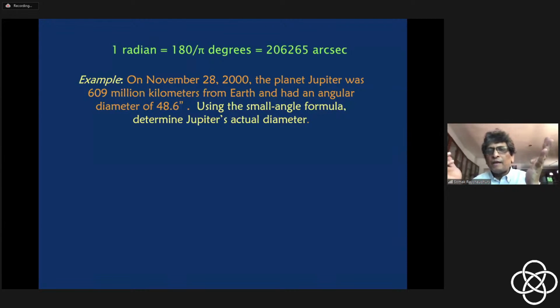For example, I just pulled out a random number: on a certain day, Jupiter was so many million kilometers away. Actually Jupiter is now 700 million kilometers away from Earth; 10 or 20 years ago it was 600 million kilometers away. On that particular day, the angular size was 48.6 arc seconds. That's the symbol for arc seconds.